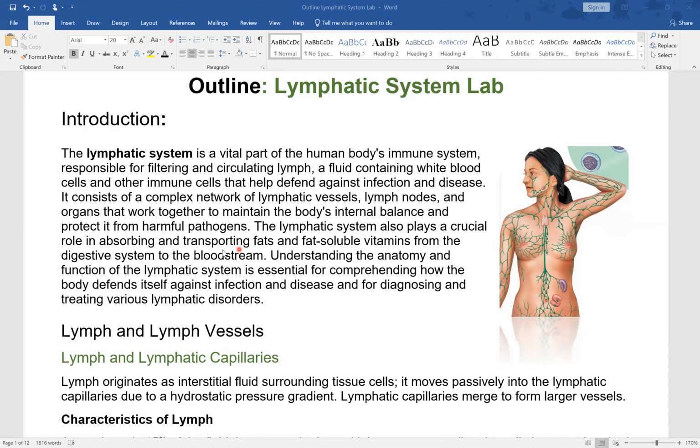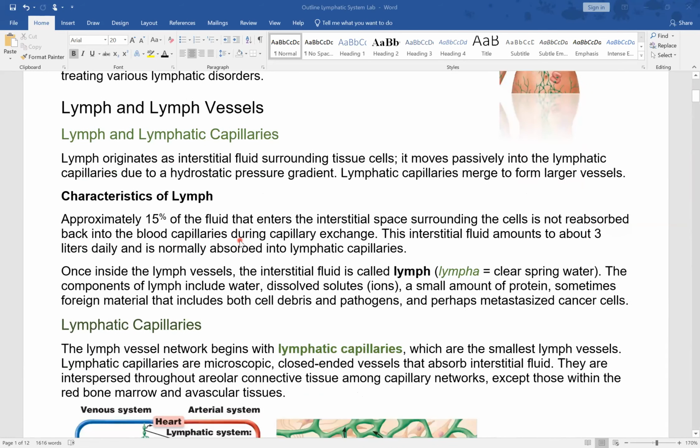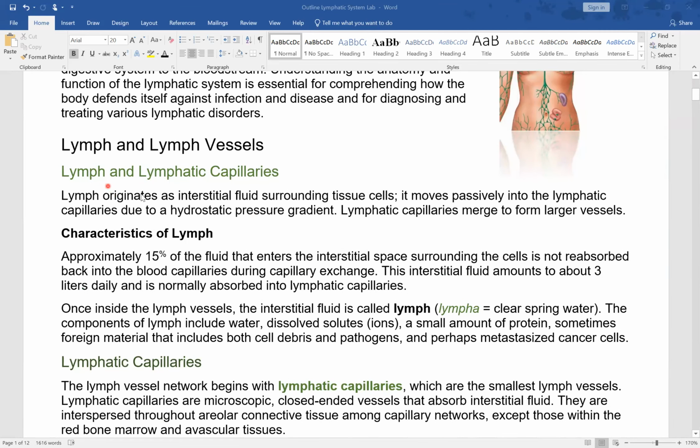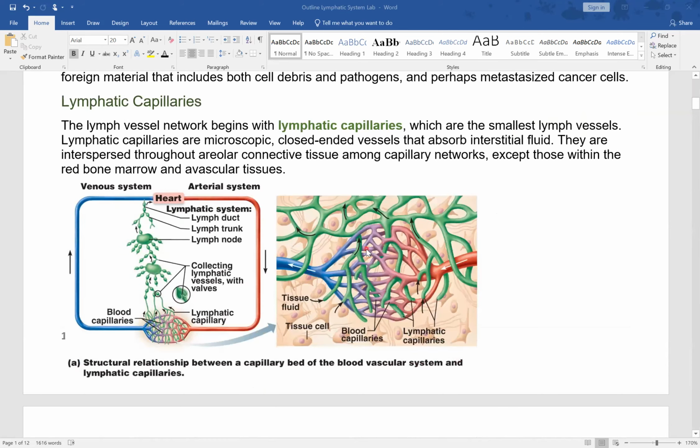The lecture does. So I'm going to go through this, which is written verbatim, and a lot of it came from the outline for the lecture. Starting first with lymph and lymphatic capillaries. Lymph originates as interstitial fluid surrounding tissue cells. Here, this is a vein, this is an artery. Blood flowing through a tissue bed is under extremely high pressure on the arterial end, and capillaries are very thin.